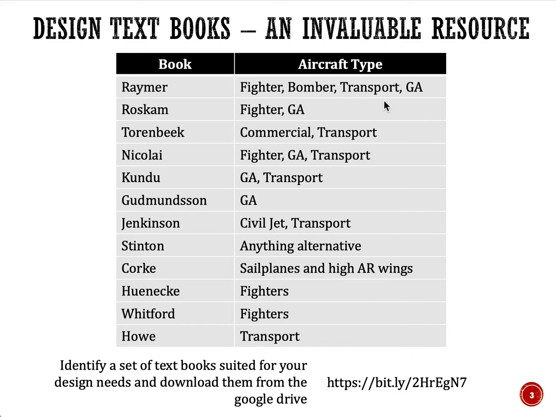Right? It'll really help you do the historical buildup, but also help you make educated assumptions as you go through the design process. Okay, and I cannot emphasize enough the importance of having these textbooks next to you so that you can refer to them. Right, so it's definitely an invaluable resource. All right, so make sure to download them.